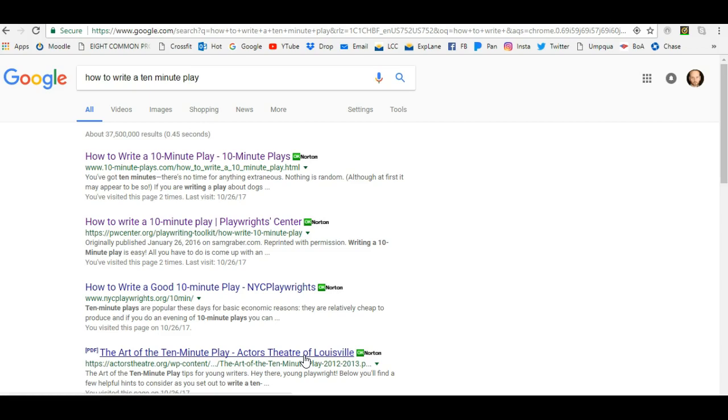Well, they have a 10-minute play competition, and it has become extremely popular. They put out a collection of plays every year from their annual festival. So because of the Actors Theater of Louisville, the 10-minute play is this huge thing these days. And they're cool. They have many advantages. But simply Google it and you'll find some cool stuff.